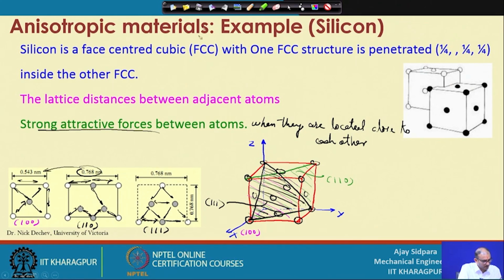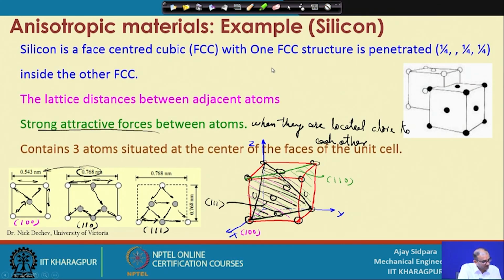Apart from this, another important thing here is that it contains 3 atoms situated at the center. If you see here, these are the 3 atoms located at the center face of the unit cell. So, if the atom is inside the material, it is very difficult to dislodge. The side atoms are very easy to remove.